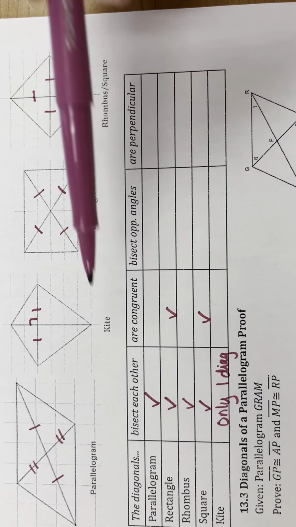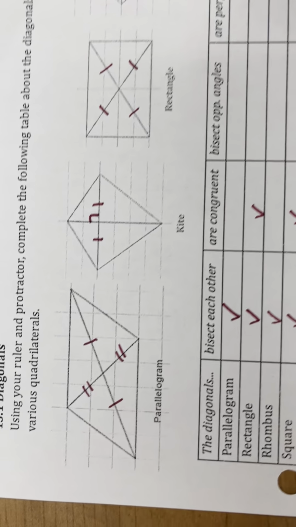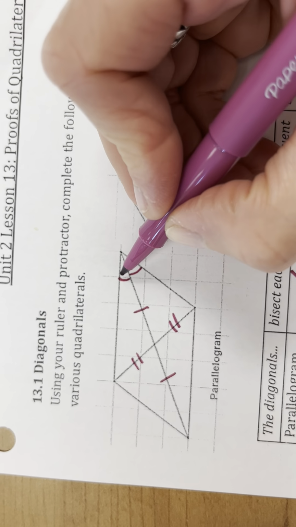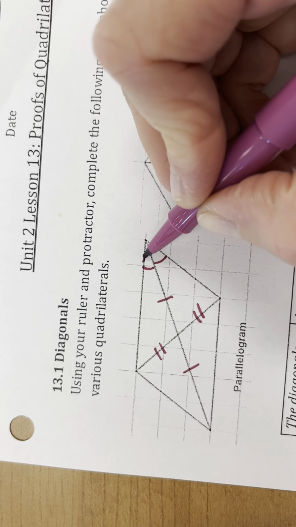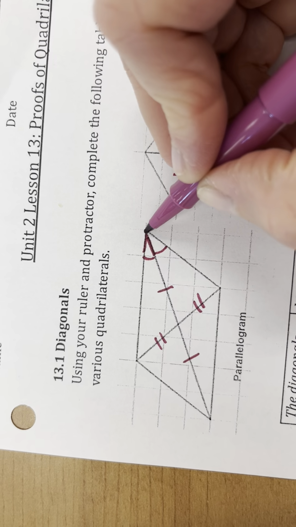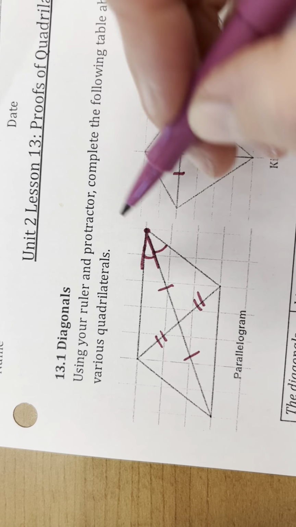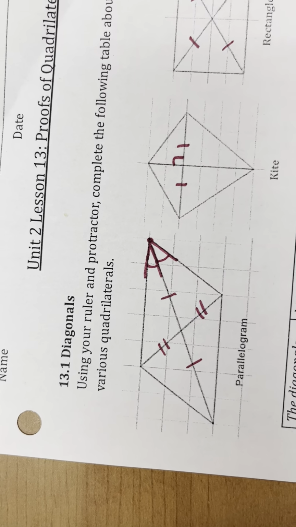So do the diagonals bisect the opposite angles? So that means, let's go over to the parallelogram. We're talking about this right here. Does it bisect these? Meaning, are these congruent? If you measure these with your protractor, you set your protractor right on here. This is your vertex, so that's where the hole of the protractor would go. And you're going to see, when you measure these two angles, that this one is bigger.